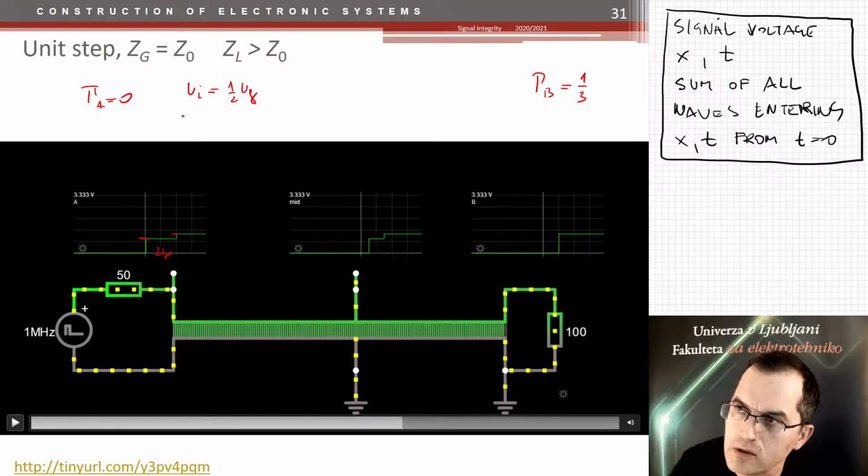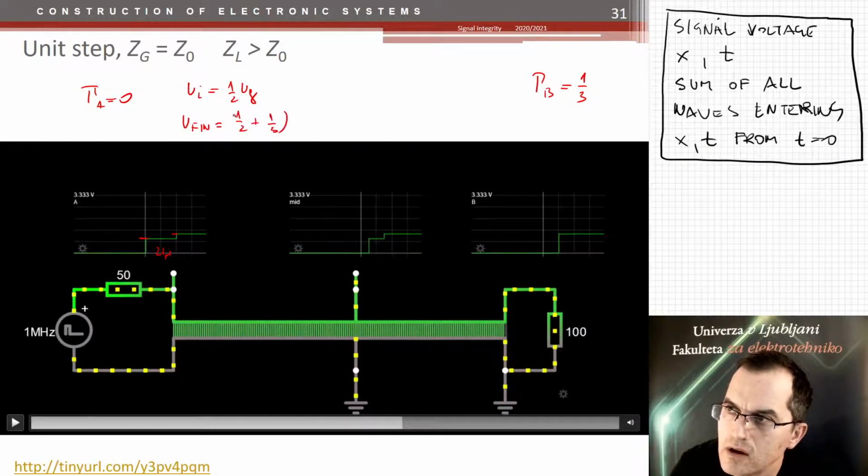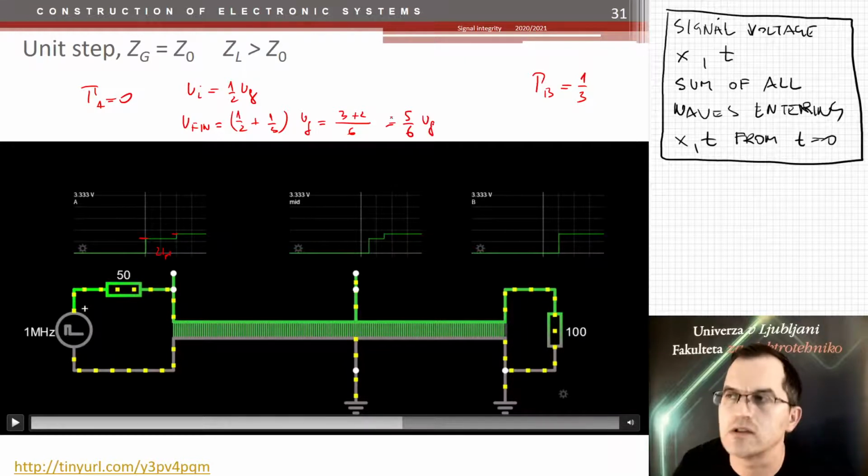So the final voltage on that transmission line is 1/2 plus 1/3 of the generator voltage, which is together 3 plus 2 over 6, 5/6 of the generator voltage. Okay? What else? Is that correct? Let me think about it. No, it's not.